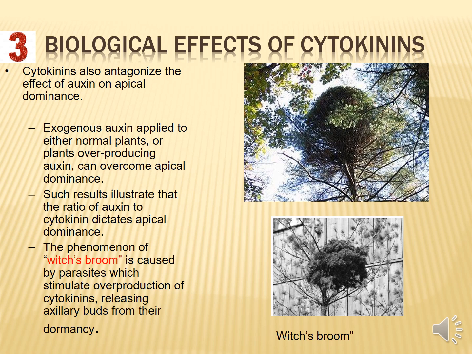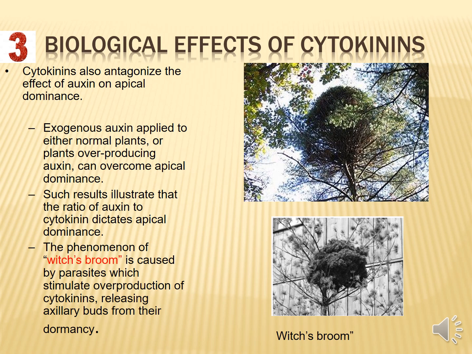Alright, so now we look at this function or role of the cytokinin. They serve as an antagonist, meaning they antagonize the effect of the auxin on apical dominance. So this phenomenon is because of a parasite, which is a fungus, that causes what we call witch broom.